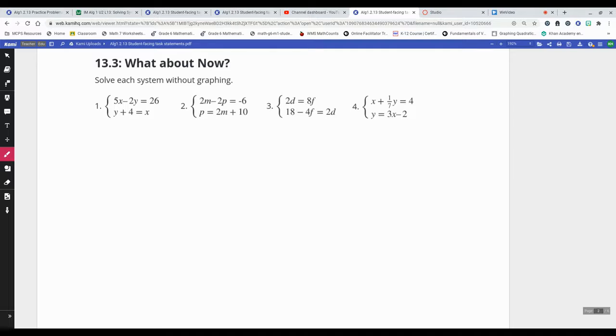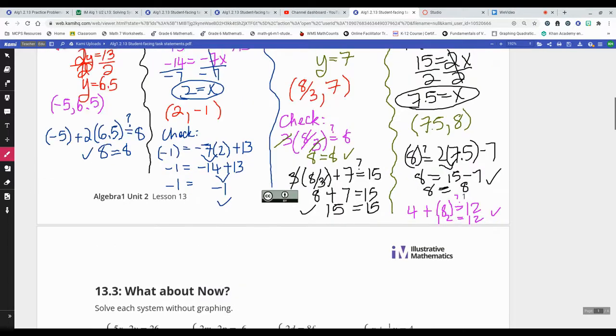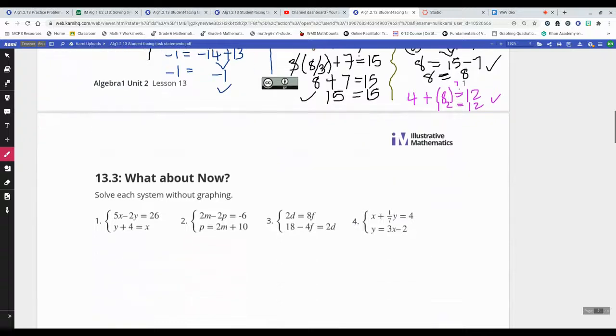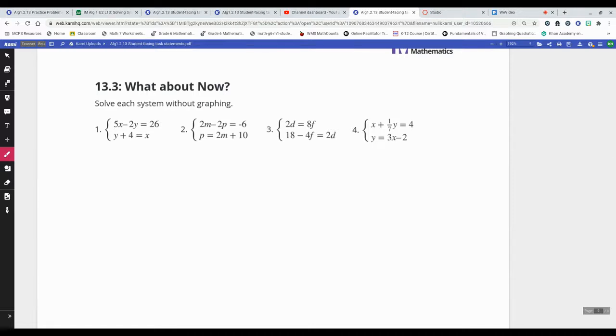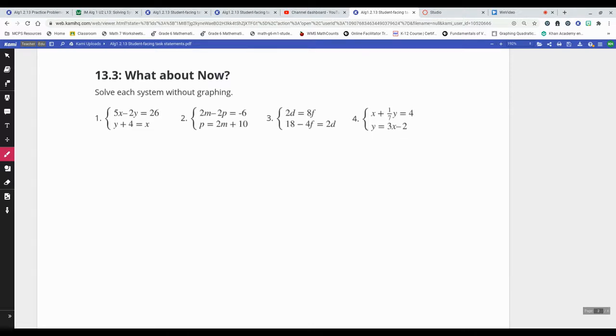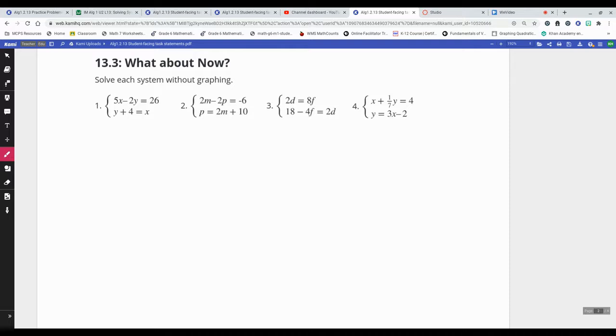Number 1 is different. 13.3 is different from 13.2 in that you don't have a numerical value for one of the variables, but you simply have the variable rewritten in terms of one of the others. But that's okay. That's all we need, because that gives you the opportunity to have an equation with just one variable. So we know x is y plus 4. Therefore, wherever we see x, we can put y plus 4.